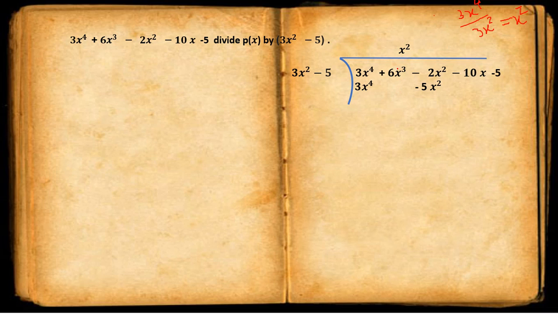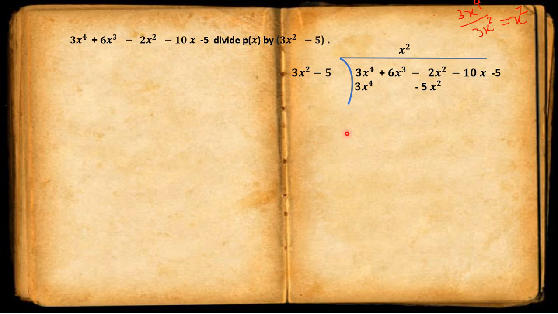As for 6x raised to the power 3, these are different terms, so it will not be combined with 6x cube, it will be written with the x square term.